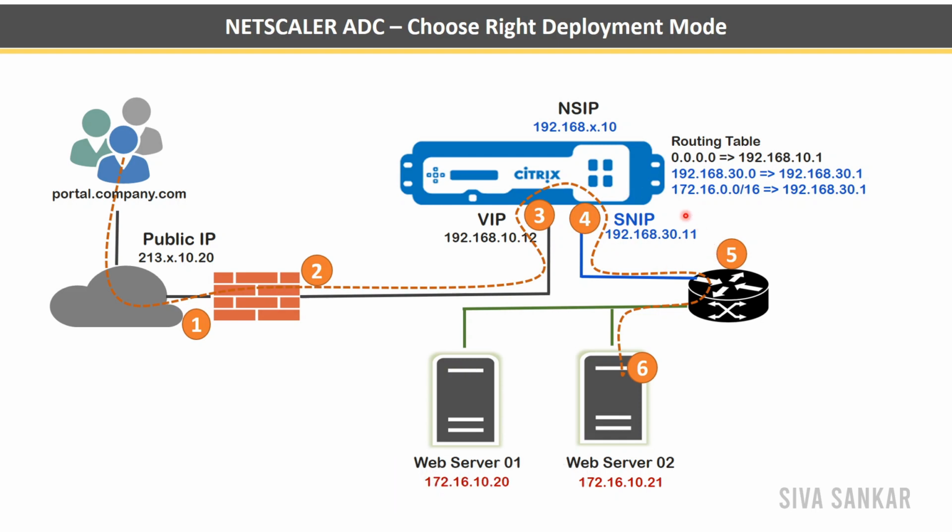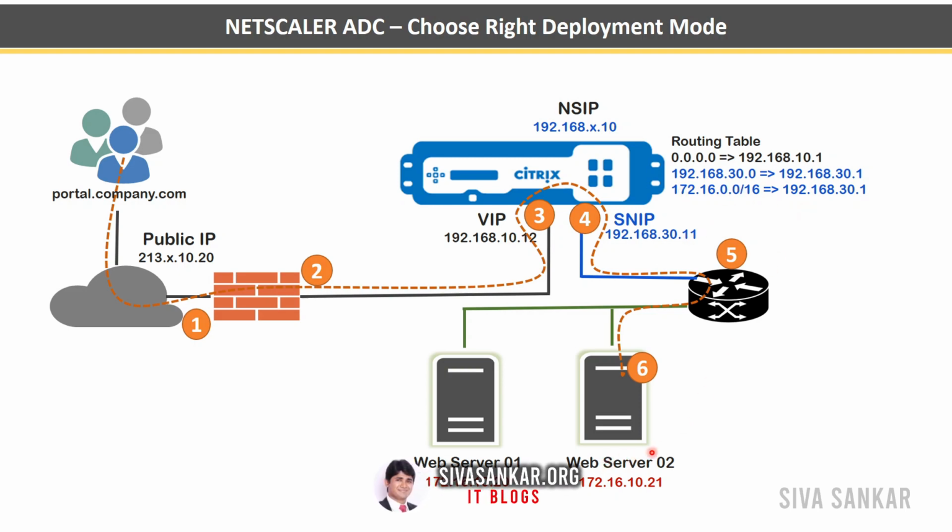If they already have an existing VLAN, you can take one IP from it, or sometimes two to three IPs, because most of the time in this design we keep the NetScaler IP also in the same subnet. Now, the most important thing here is the routing table.